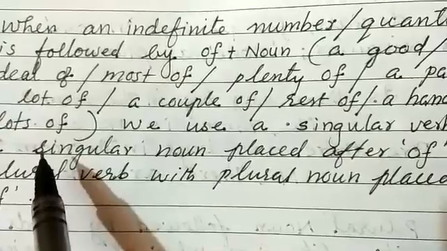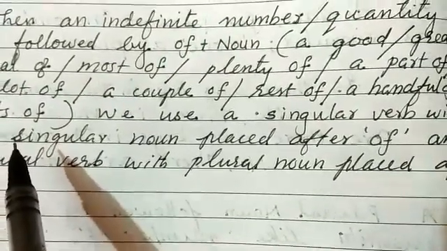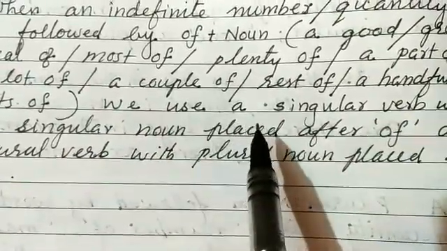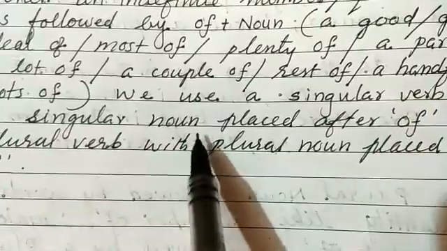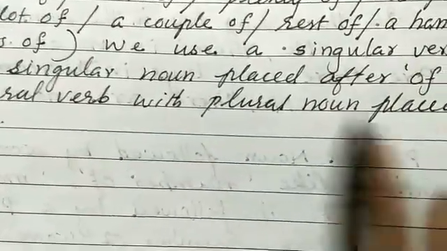Such words denote indefinite number or quantity followed by of plus noun. We use a singular verb with a singular noun placed after of, and a plural verb with a plural noun placed after of.